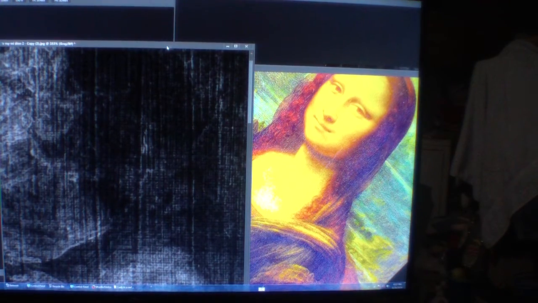It is one of the greatest paintings on the planet. It's a duet. It is a diary of Leonardo da Vinci's work.